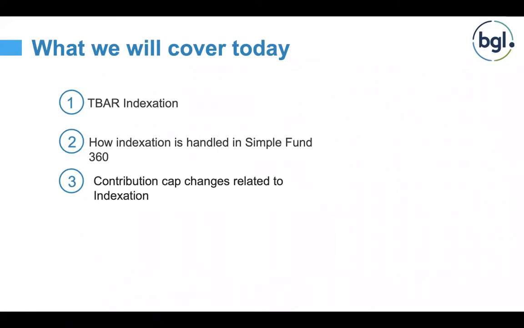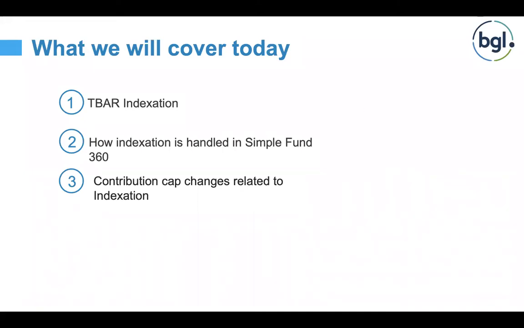We're going to look at the dashboards and the different screens that you normally use, and how it's going to differ from previous financial years based on this change. And then finally, we're also going to talk really quickly on some of the contribution changes that have come about as a result of this T-bar indexation.